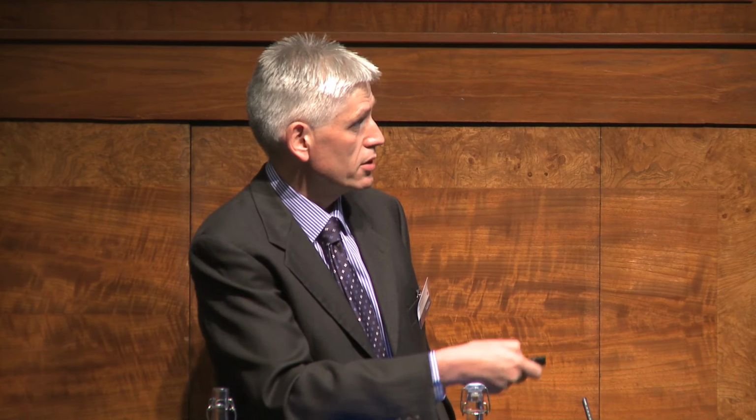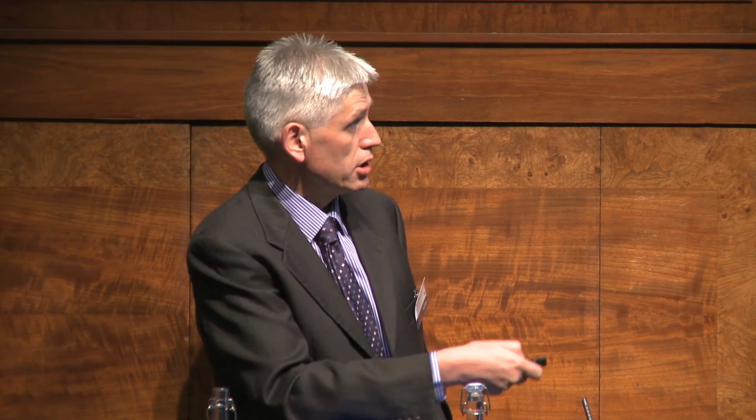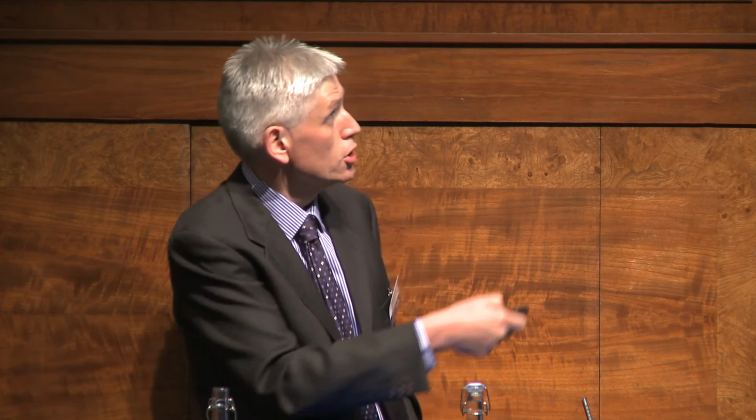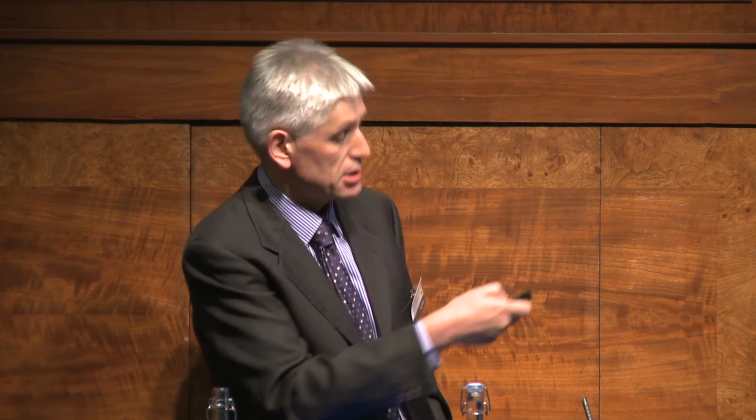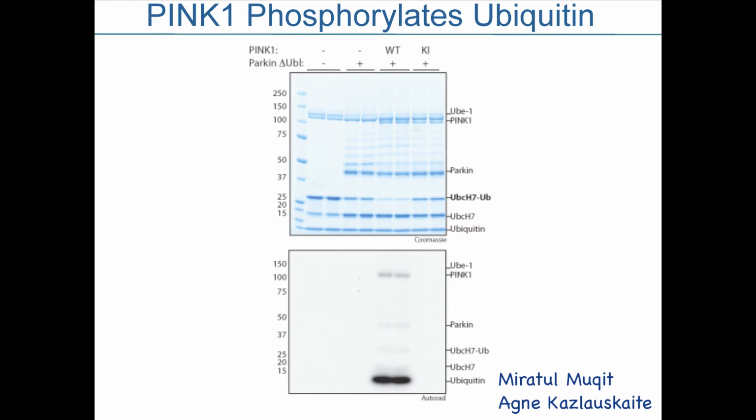It becomes so active that the Parkin becomes totally ubiquitylated. So PINK1 must be phosphorylating something else in the reaction mixture to mediate the activation of Parkin. We looked in the reaction mix to see what else PINK1 was phosphorylating, and it turned out that PINK1 was phosphorylating ubiquitin itself, very dramatically.